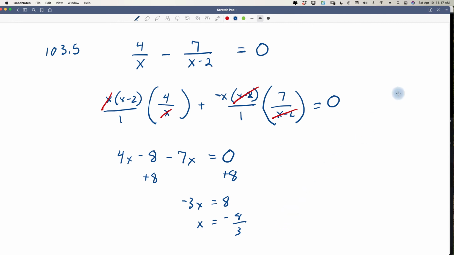All right, so I'm going to move to the last one. We just have one more. And what I would like for you to do is to solve this one on your own. We're going to try something a little bit different here.